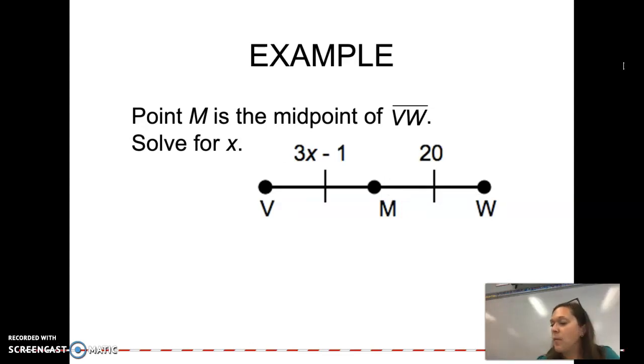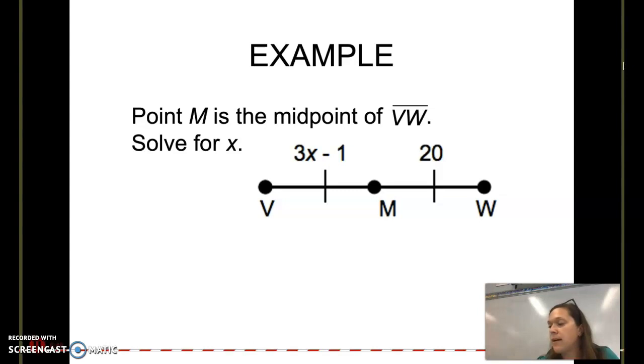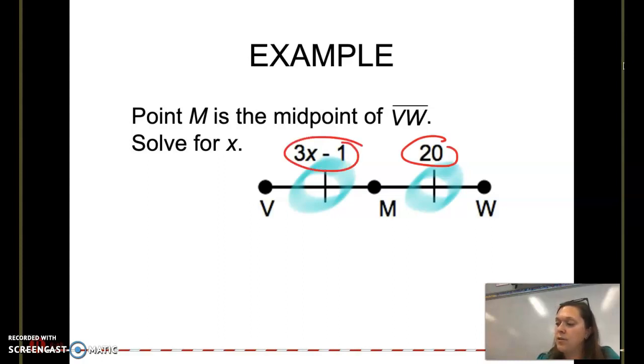So we are told that point M is the midpoint of line segment VW, which means your left is equal to the right. So if the left is 20, that means the right should also be 20. So we need to figure out what value of x in that algebraic expression would get us 20. So how do we do algebra?